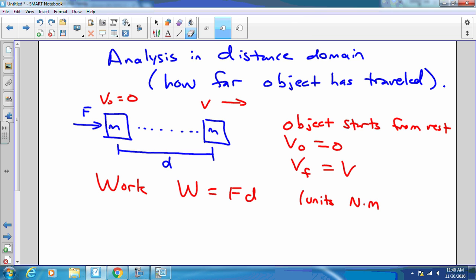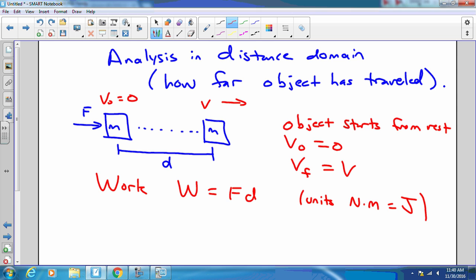And 1 newton times a meter, we're also going to call a joule. So newton meters is a joule.